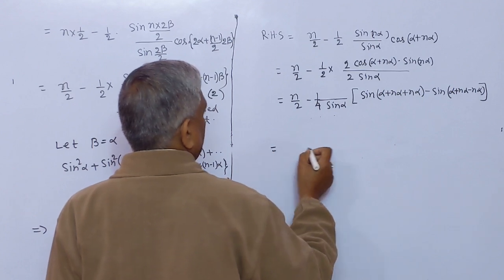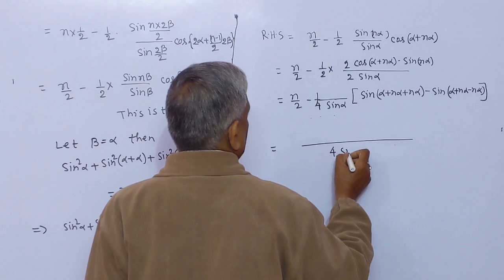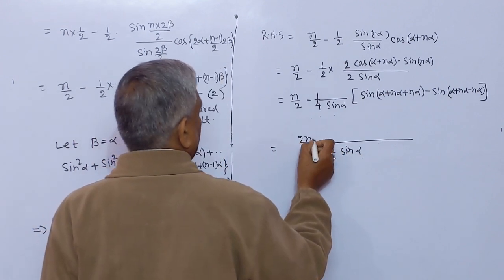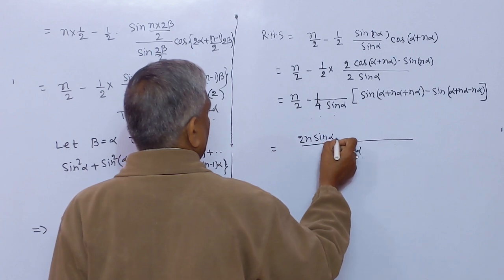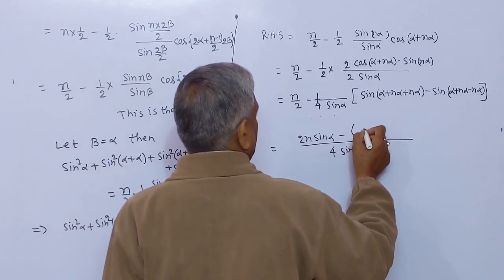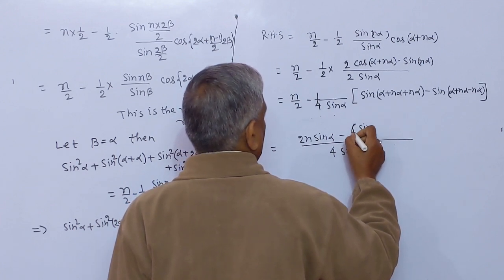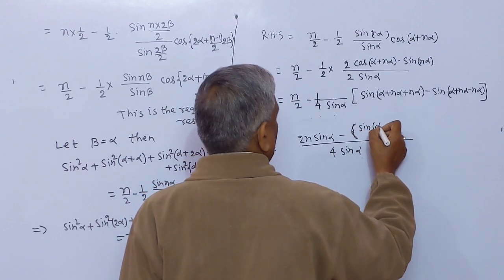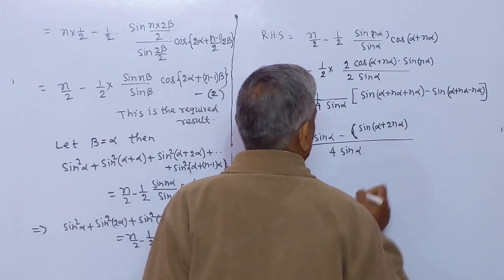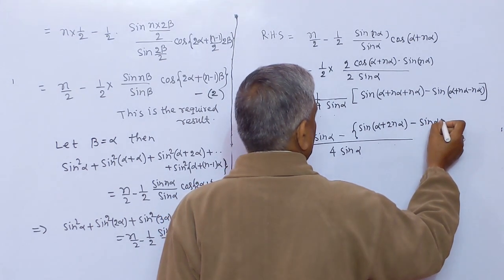This is equal to, we take LCM, 4 sine alpha, here 2n sine alpha minus sine (alpha plus 2n alpha) minus sine alpha.